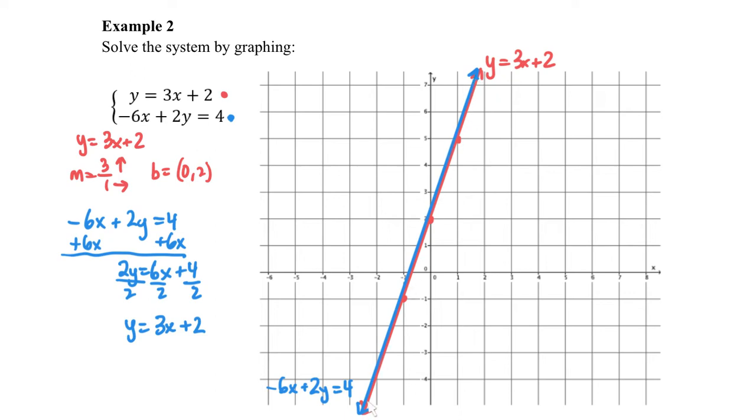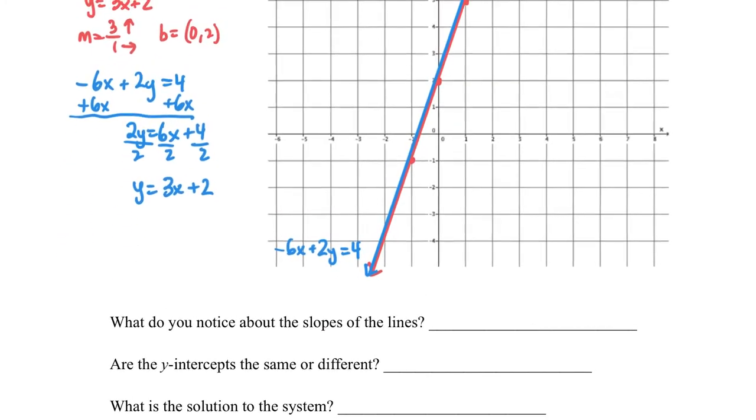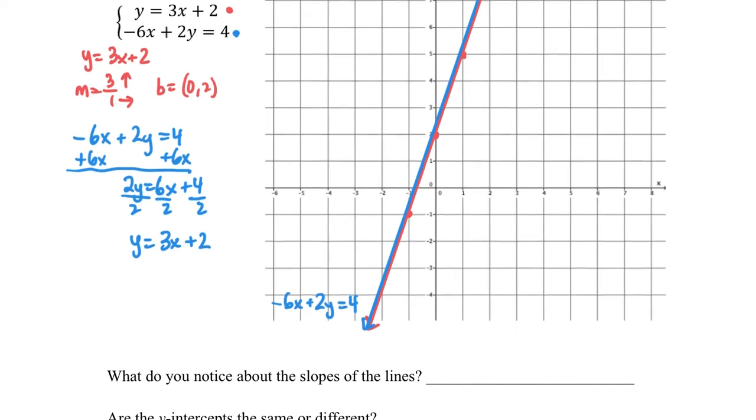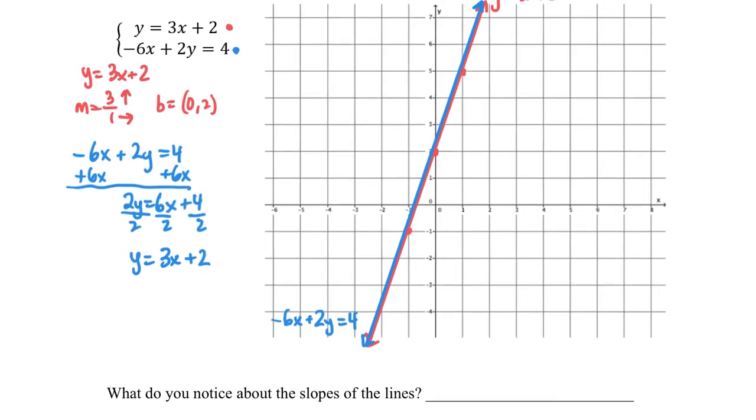I hope you noticed that the lines were exactly the same. I have these slightly apart just so that you can see both colors, but in reality, these were the exact same line. So what do we notice about the slopes of the lines? So this is what I was talking about. It was kind of helpful to leave them both in y equals mx plus b form. What we notice is that the slope of the top equation is 3.